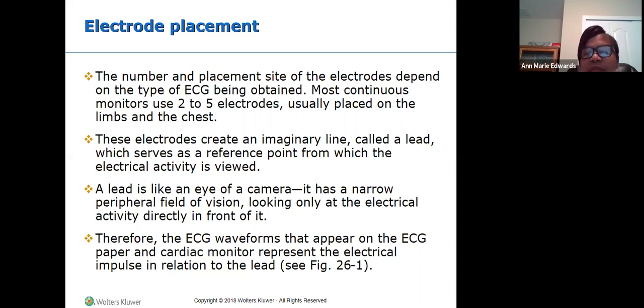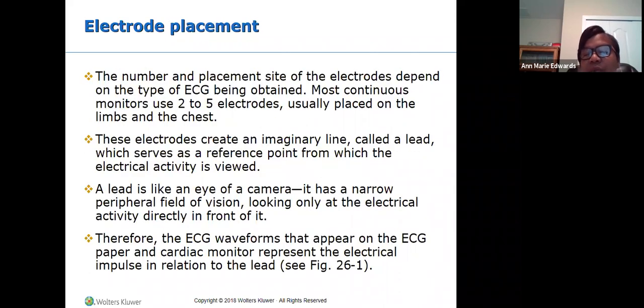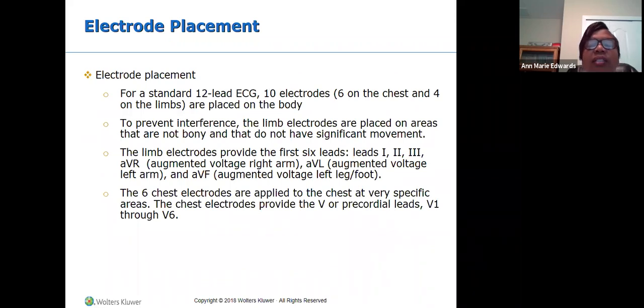So therefore, the ECG waveform that appears on the ECG paper and cardiac monitor represents the electrical impulse in relation to the specific lead. And if you look in your book, it's going to be figure 26:1. For a standard 12-lead ECG, 10 electrodes are placed, 6 on the chest and 4 on the limbs. To prevent interference with the conductivity, the limb electrodes are placed on areas that are not bony and that do not have significant movement.